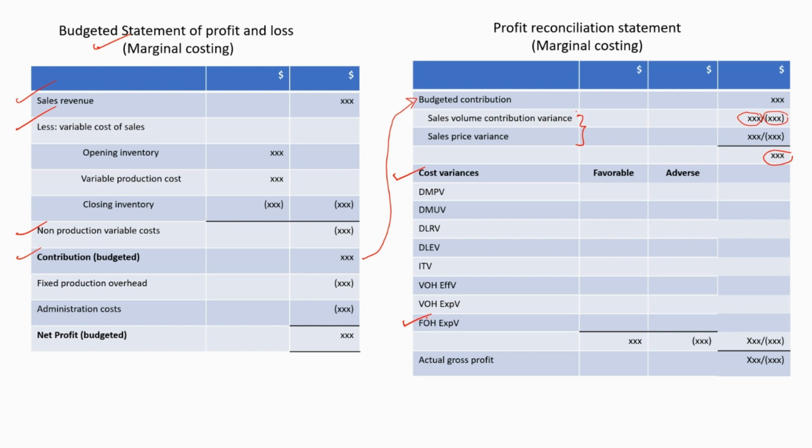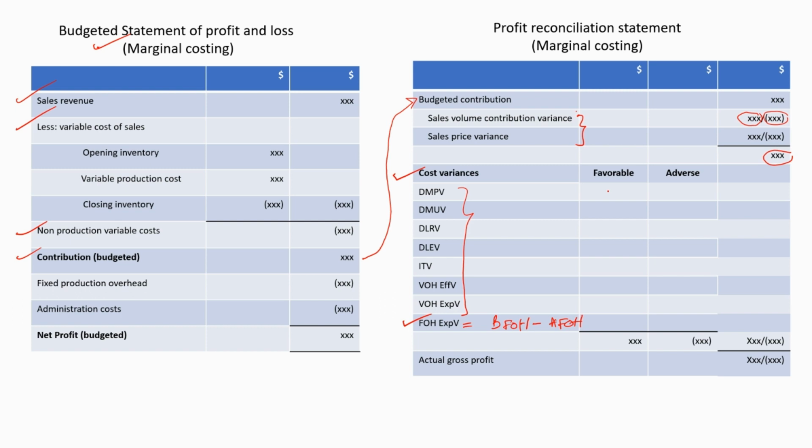Because for marginal costing, we can only calculate the fixed overhead expenditure variance, which is equal to budgeted fixed overhead minus actual fixed overhead. This is because under marginal costing, there is no FOAR value. So we can only calculate the fixed overhead expenditure variance. All the other variances are the same as absorption costing.